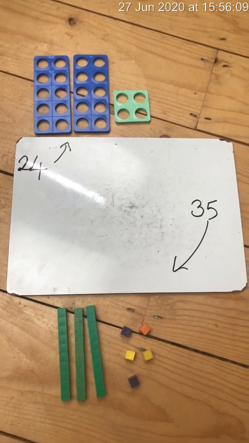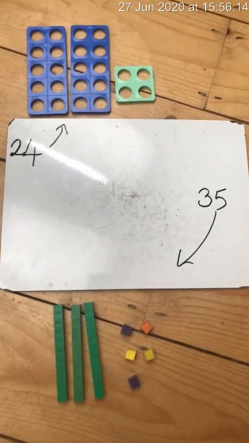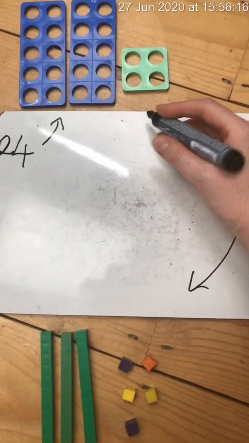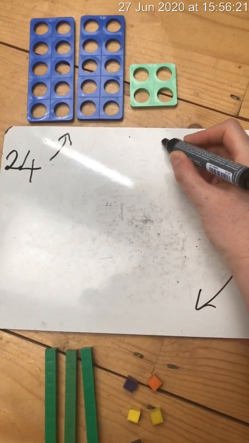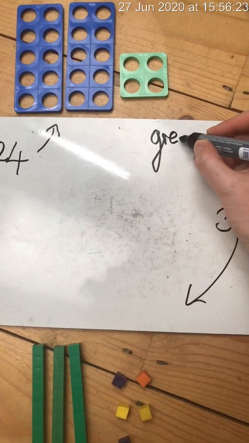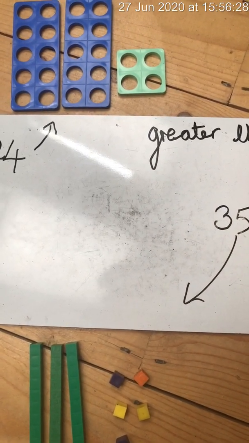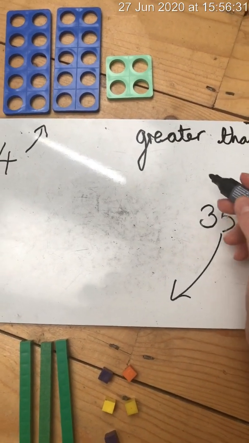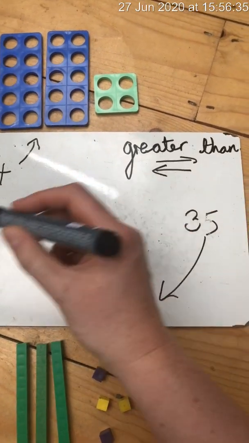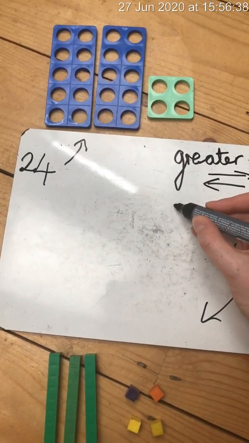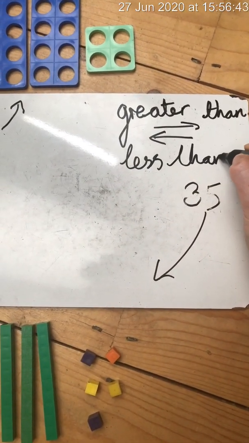Do you remember the language we use when we are comparing numbers? We use special words, don't we? When a number is bigger, going up the number line, we use the words greater than. And when a number is smaller, going the other way down the number line, we use less than or smaller than.